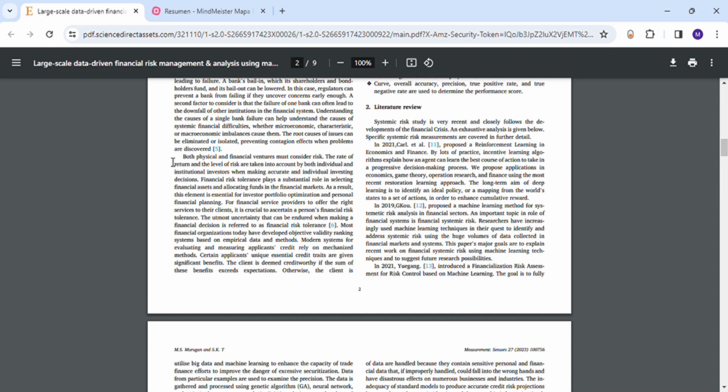Most financial organizations today have developed objective validity ranking systems based on empirical data and methods. Modern systems for evaluating and measuring applicants' credit rely on mechanized methods. Certain applicants' unique essential credit traits are given significant benefits. The client is deemed creditworthy if the sum of these benefits exceeds expectation.